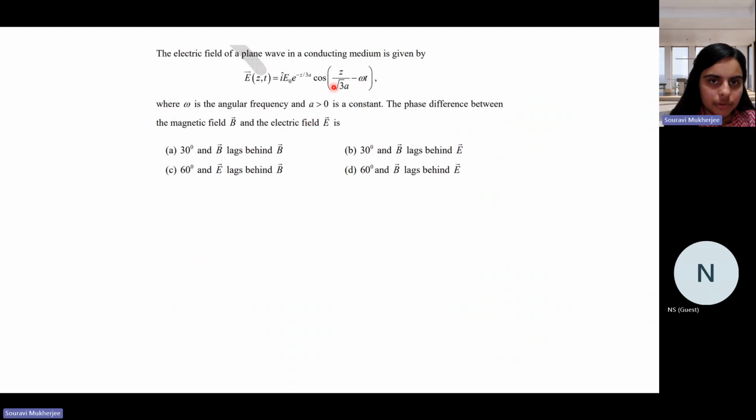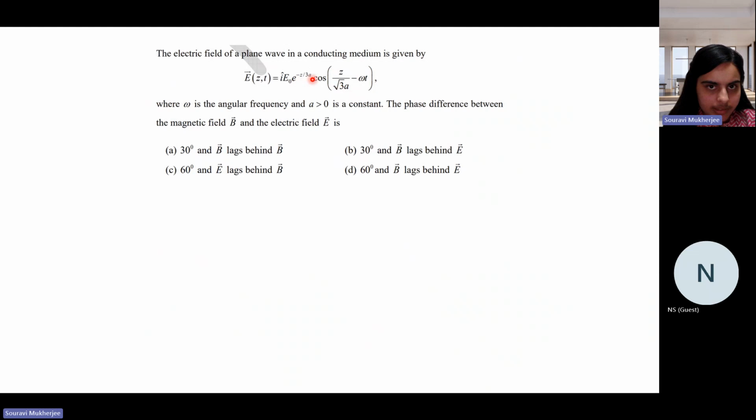So for that, we have to compare this section. Normally, the generic form is cos of k dot r minus omega t, right? Here you only have z, so you can write it as cos of kz minus omega t. It's propagating along z. Now what should be k? It's straightforward, right? k should be 1 by root 3a, right?